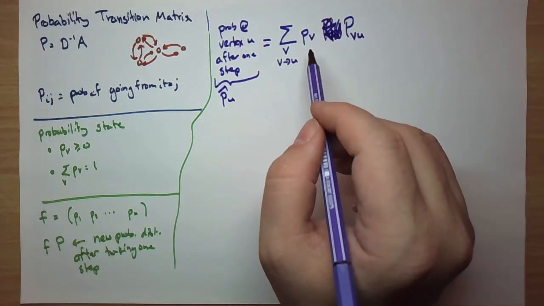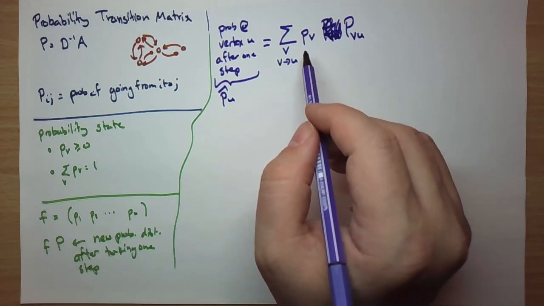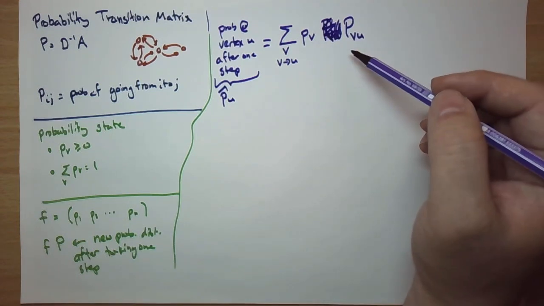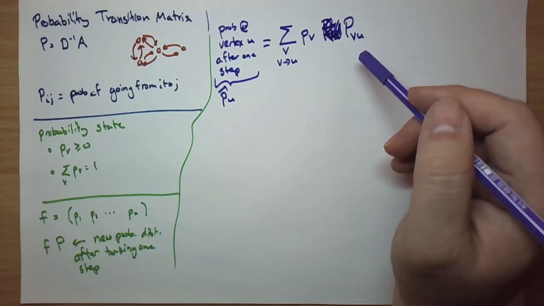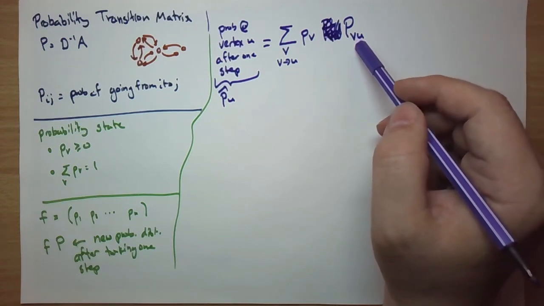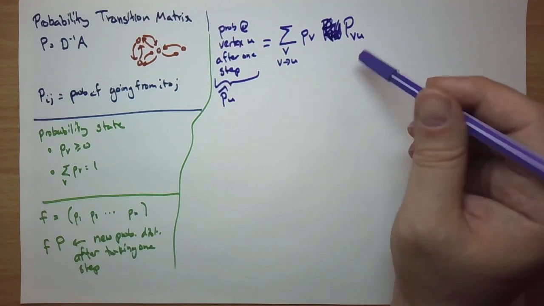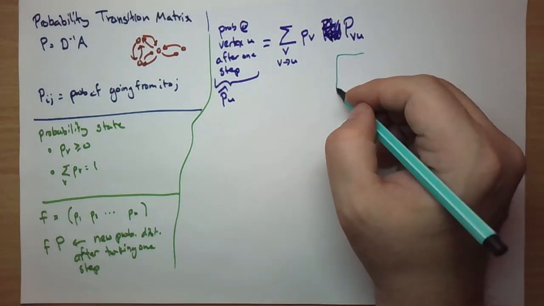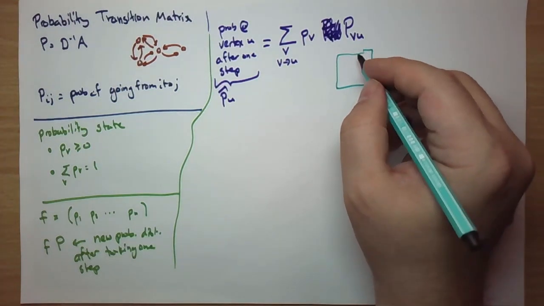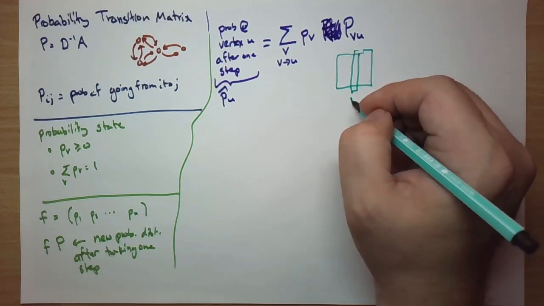And now we think about, okay, what's going on here? U is fixed, it's like the column. Right, exactly. U is fixed. It's a column. And so when you think about this in terms of a matrix multiplication, if here's your P, you have your Uth column.